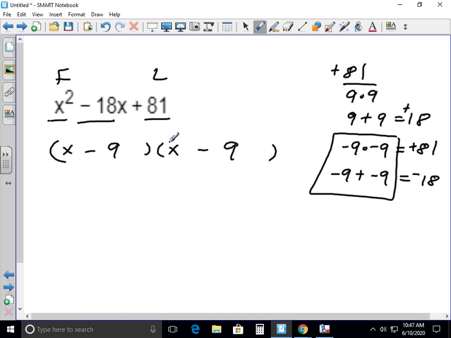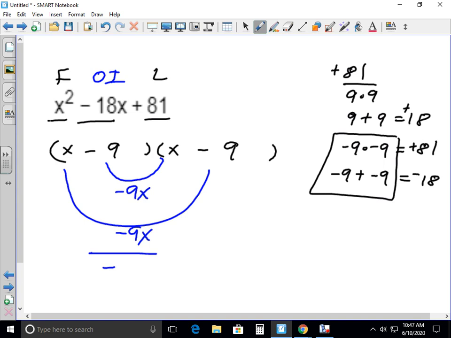Just checking real quickly, yes, negative 9 times negative 9 is 81. Our inner product and our outer product do combine to make negative 18x. So those are the correct values there.